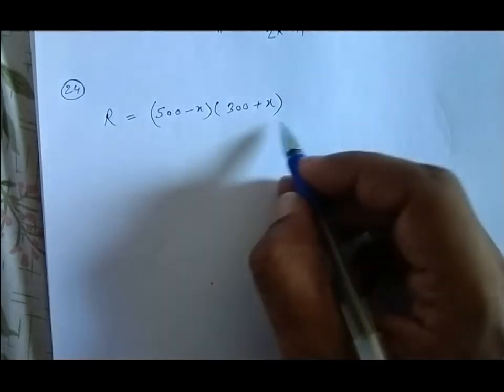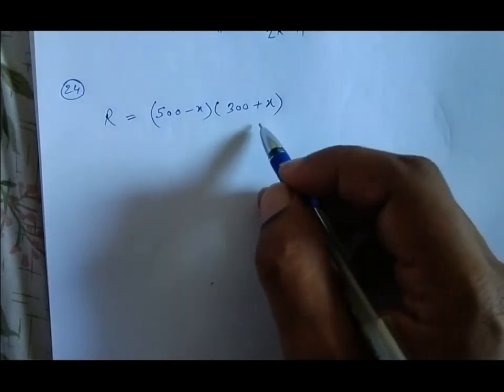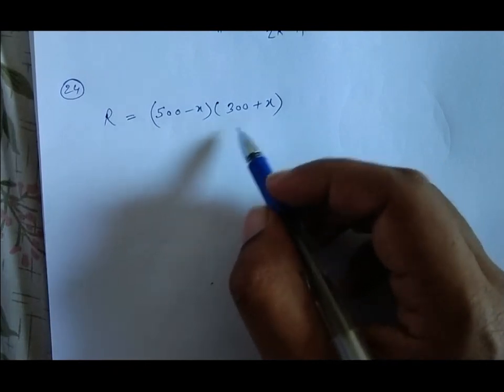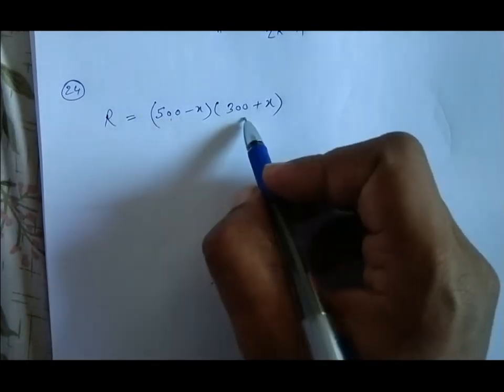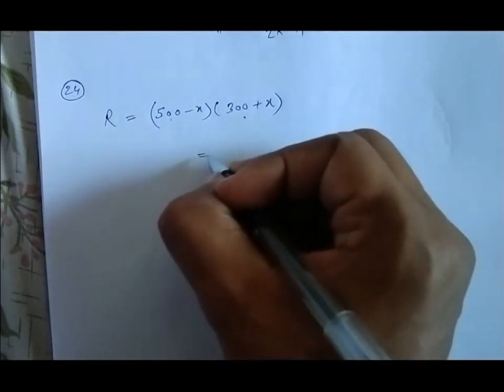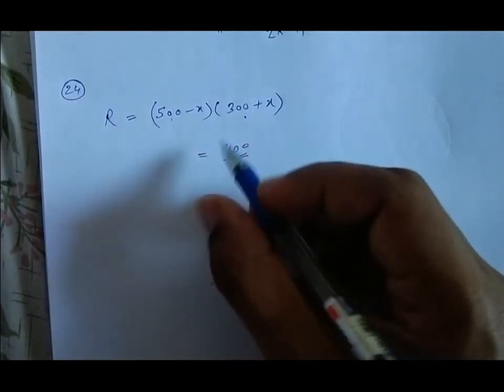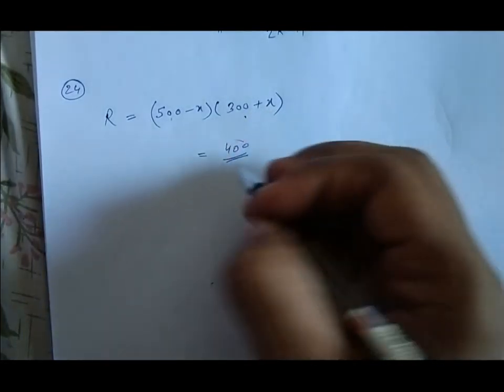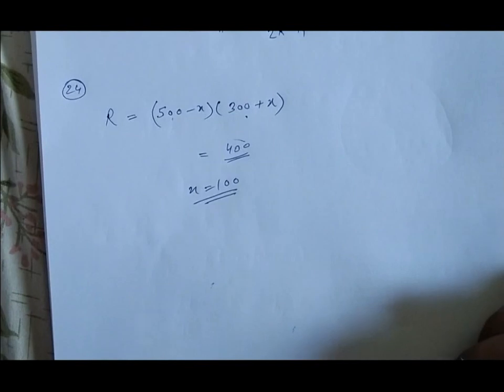Of course, this is again a downward opening parabola which would attain its maximum value at the midpoint of its roots, which is at 500 and minus 300 by 2, that is at 100. So x has to be equal to 100. Moving on to the next question, question number 25.